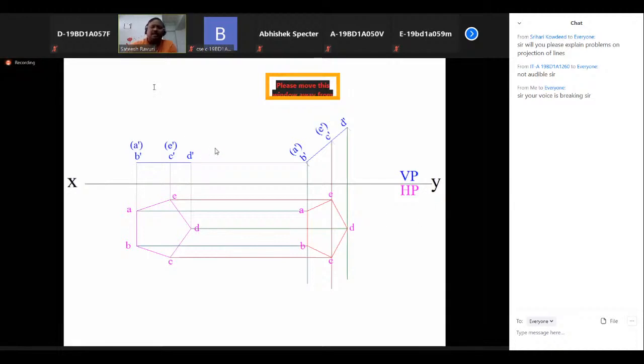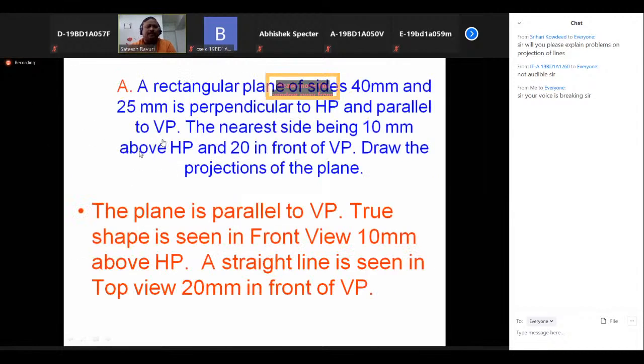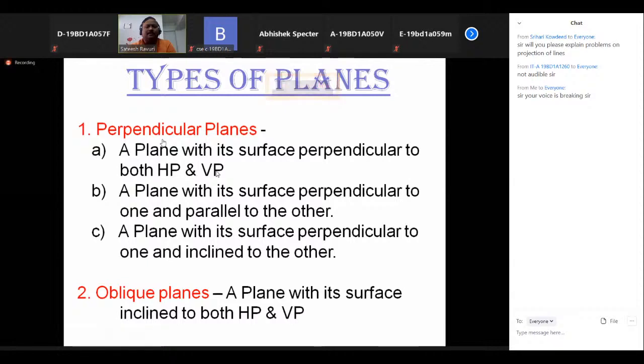So coming to the next one, let us get back to the first slide once. Perpendicular planes: a plane with its surface perpendicular to both HP and VP, which we have seen by taking the example of a square perpendicular to both HP and VP. Then we get the true shape on the profile plane. Next, a plane with its surface perpendicular to one and parallel to the other.